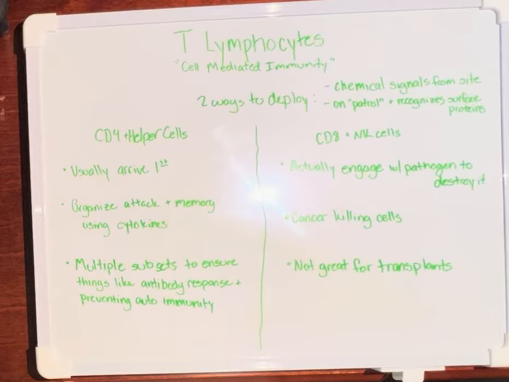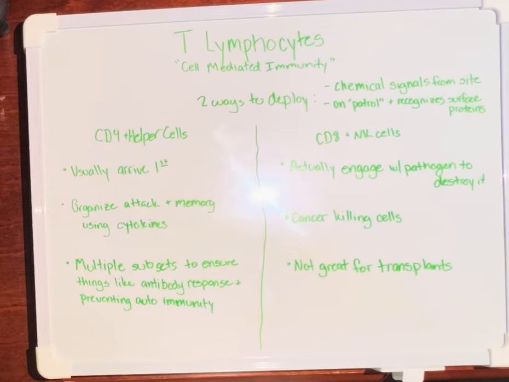They're just floating through everything, and they recognize the surface proteins. That's going to be really important for both of them, because that's how they recognize pathogens: there's different proteins on the actual cell itself, and those are what they remember. It's kind of like a lock and a key, where if it fits the lock, it activates it, right?